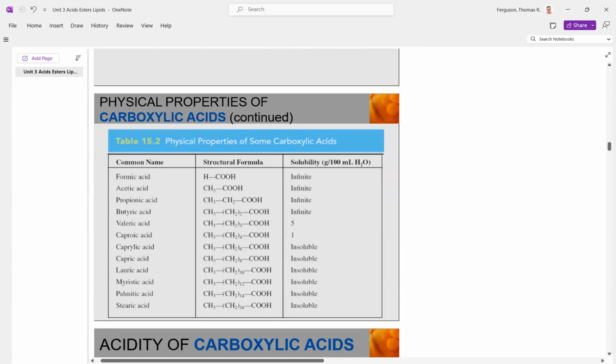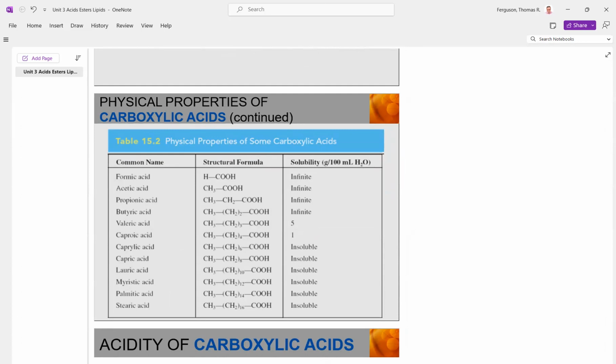Now, just like with alcohols, a 7 carbon tail on a primary alcohol becomes insoluble in water. Anything shorter than that dissolves in water.